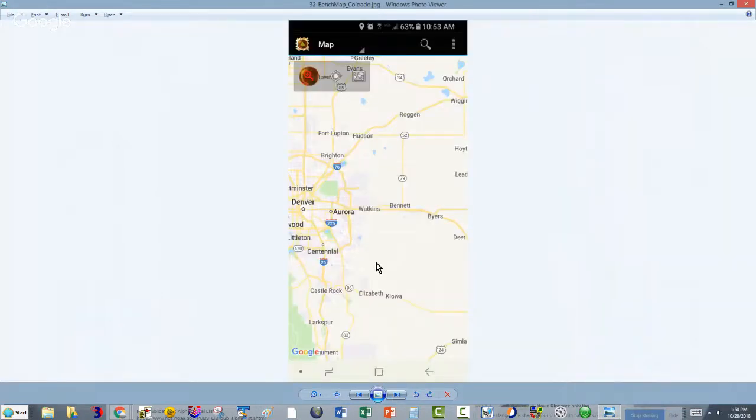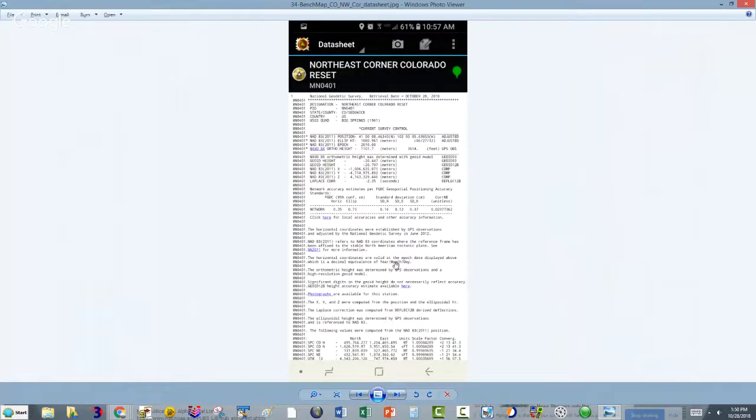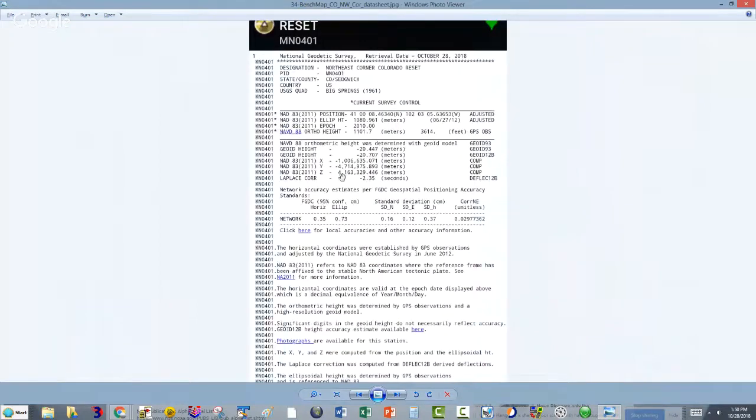Also, you could download this app on your phone called Benchmap. So let's just say I was coming out here to Colorado. I wanted to look up some survey control marks in the area. I could do it right on my phone. For instance, here is the northeast corner of Colorado, where it borders Nebraska. There's actually a mark set here, and I can look up the data sheet right on my phone to get the information. So the coordinates are here in latitude and longitude.